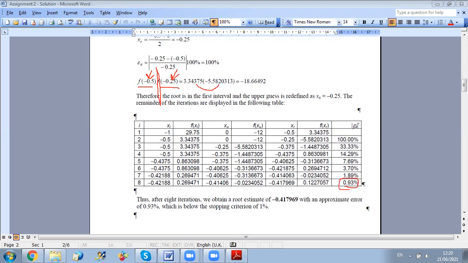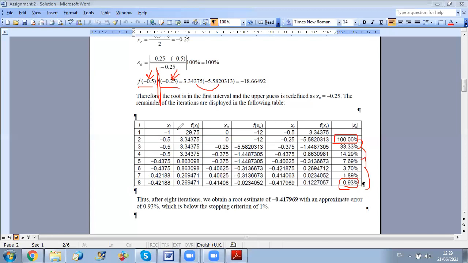As I told you, since the initial error was high, I expect that I need several iterations to get close to 1%. So here I need to perform 8 iterations to reach the value I need.